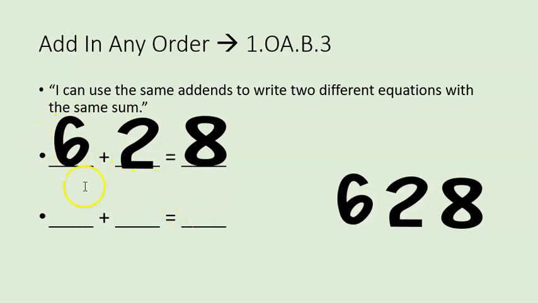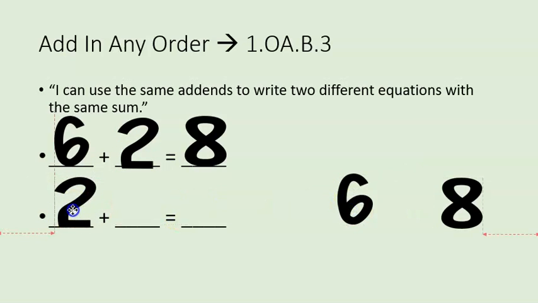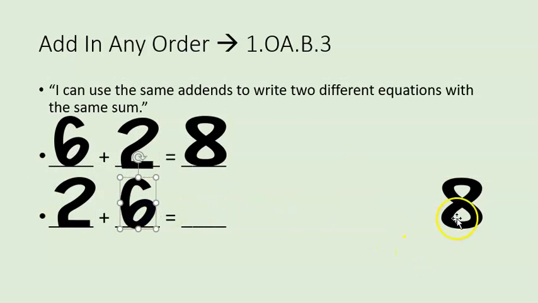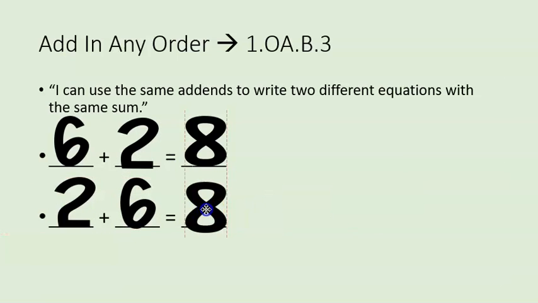Now, we have to complete this also, this section. Remember now, all we do is we just swipe these numbers. So 2 is going to come up front now. Let's get 2 and put 2 up here. 6 is going to come here now. And boys and girls, we should still get 8, which is true. 2 plus 6 does equal 8.